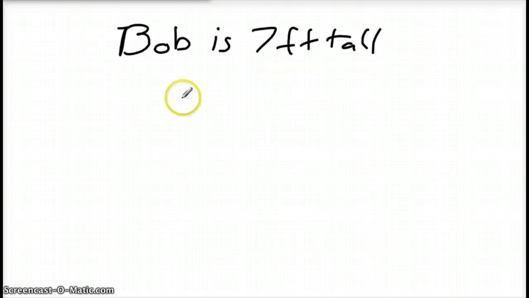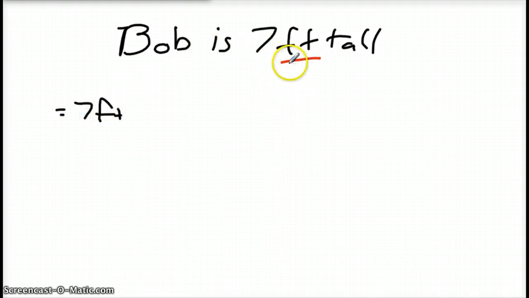In this is information. If you remember, feet is a unit. So I'm going to underline that in red so you can see it. Feet is a unit. Now, if Bob is 7 feet tall, and I know feet is a unit, so I'm going to write feet and 7, what is that unit equal to? Well, it's a measurement of distance, but I got this special modifier right here that says tall.